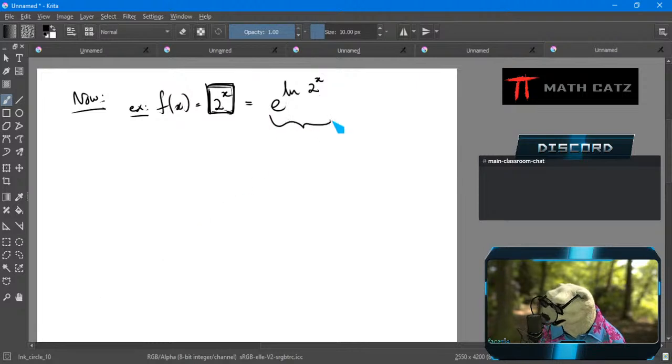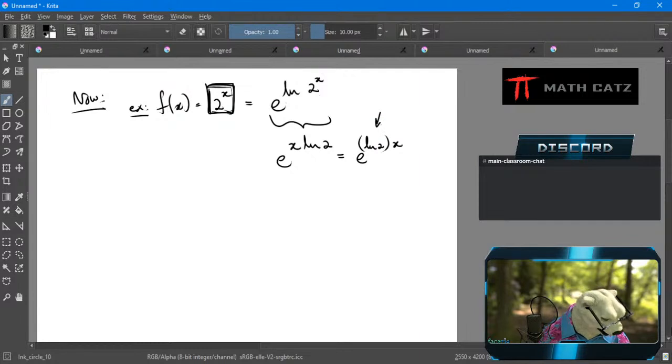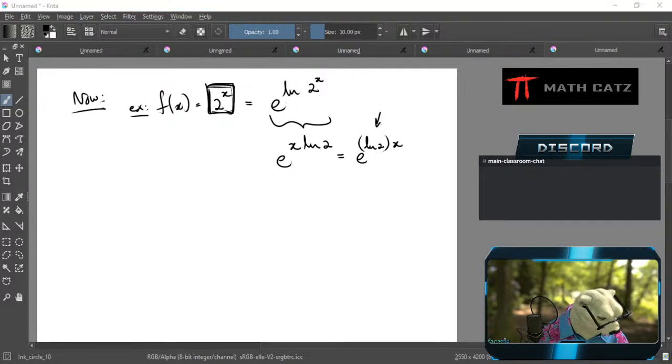I can rewrite that to x times natural log of 2. It's the exponent moving property of logs. Then I realize, well, this log of 2 is just a number. I'm going to help myself by just putting it in front and remembering, what is it? Let's find out. Let's calculate it.